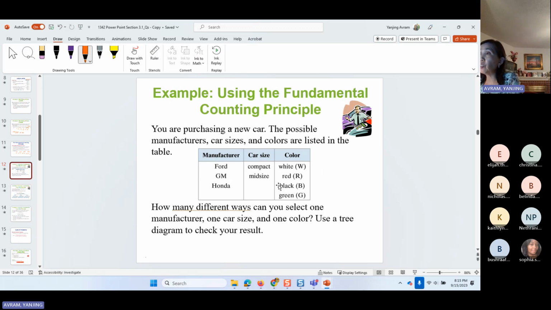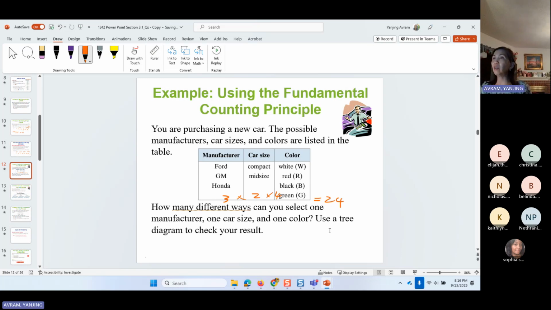So how many different ways can you choose your new car? The first one is 3, the second one is 2, and the color is 4. So you multiply all of these together: 3 times 2 times 4, that's 6 times 4, that's 24. So you have 24 choices.